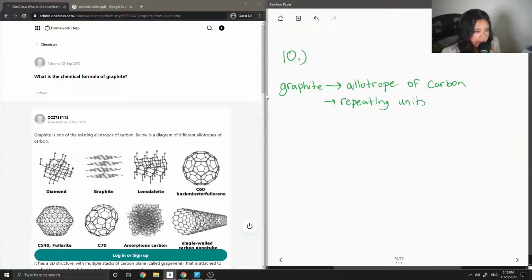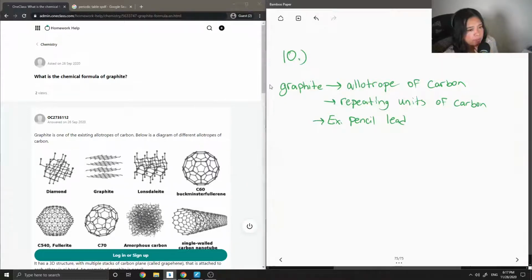Graphite and diamond have this in common, where it is just repeating units of carbon. For example, you can have a graphite pencil. So there's no specific chemical formula.